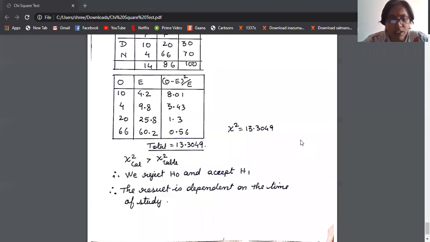So, you can go to the site, find the question papers and solve all the chi-square sums, and you can just put it in your group. If the answers are different, then you can just send it to me. I'll check it out. I'll tell you the correct answers. Or you can just send me the sum. I'll solve it and give you the correct answer. Yes, Kiran, correct.